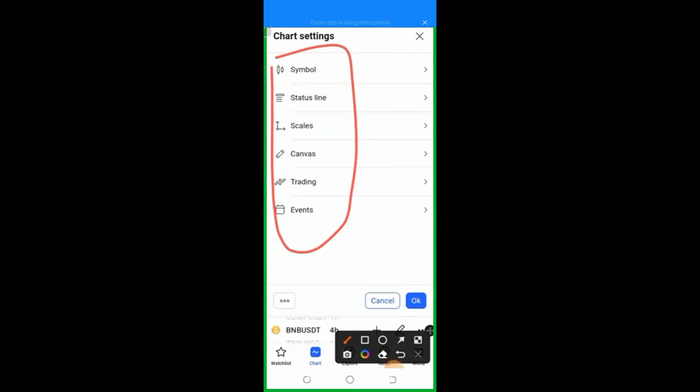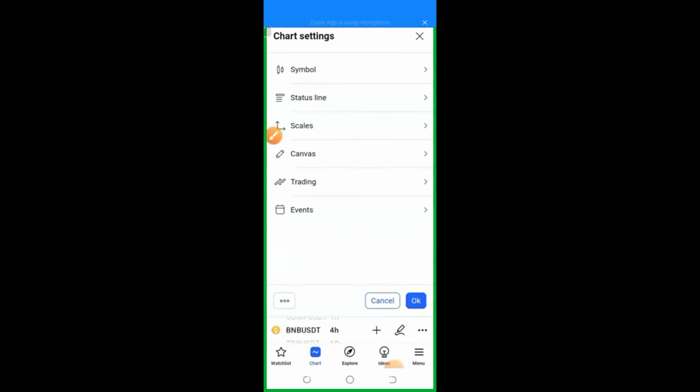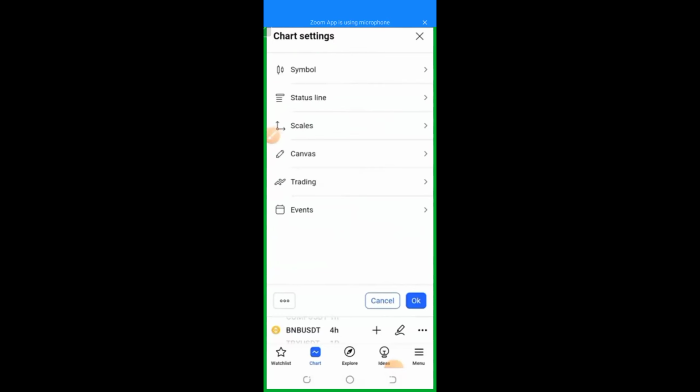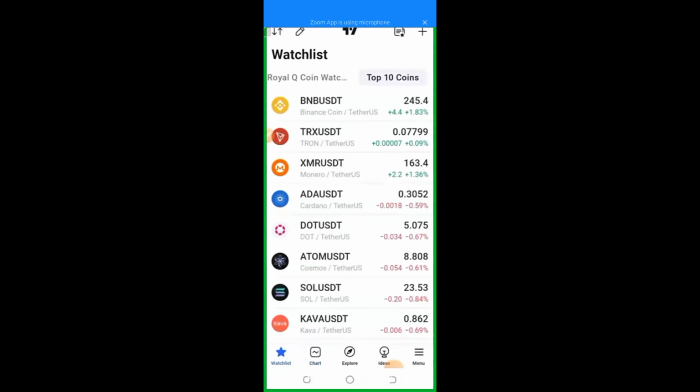So go to symbol, tap symbol, scroll down, then you can change your location. Because if you don't change your location to the right location, you might not be seeing the correct candles and the correct charts. So just want to share this quick video on how you can change your time zone.